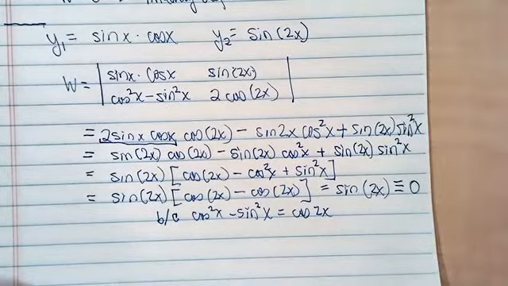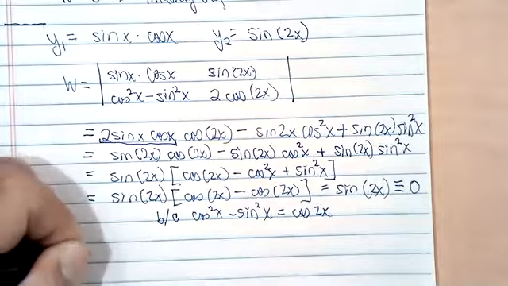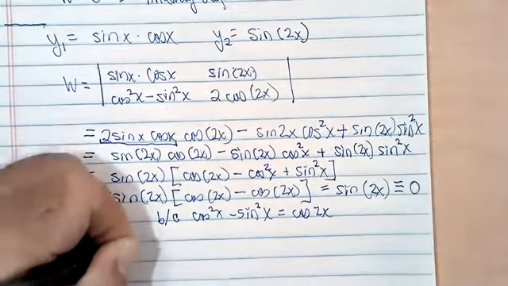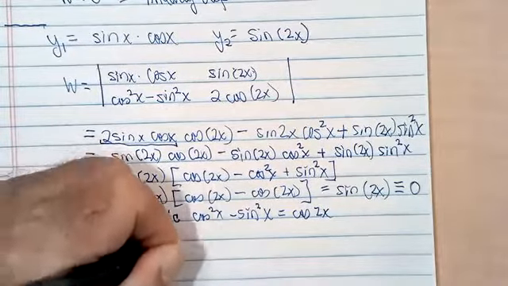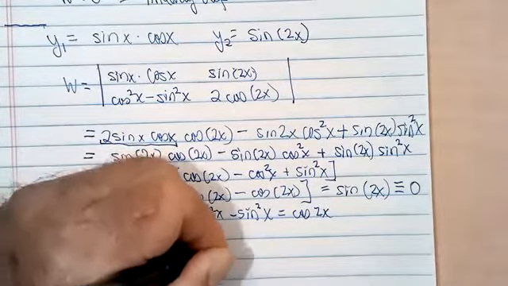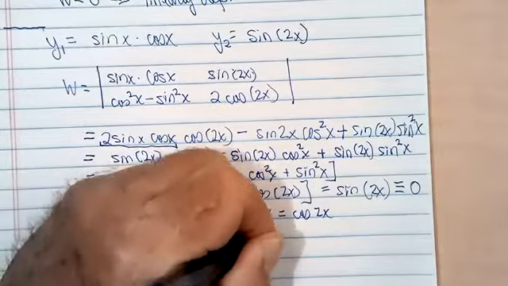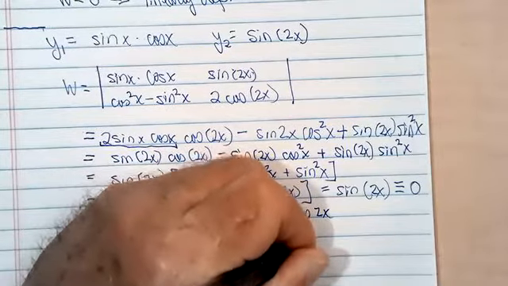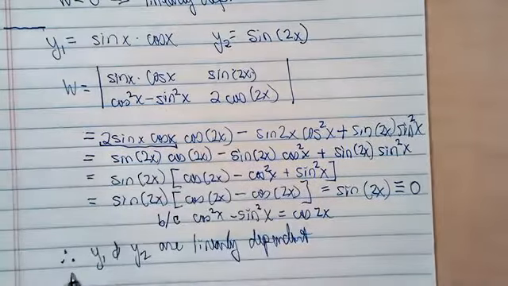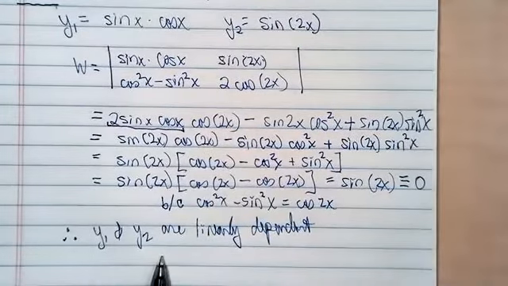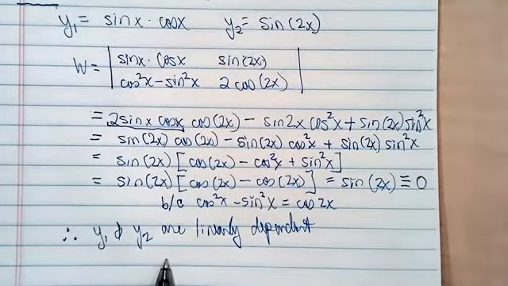That means that y1 and y2 are linearly dependent. Now, if you've only got two functions to work with and they're linearly dependent, that means that one of them is a constant multiple of the other.